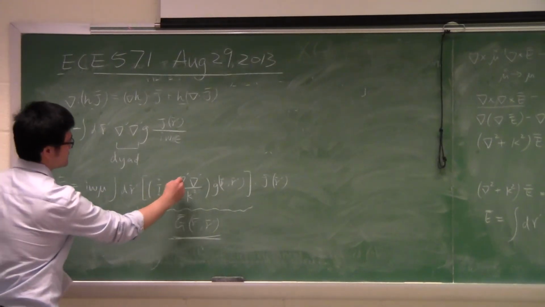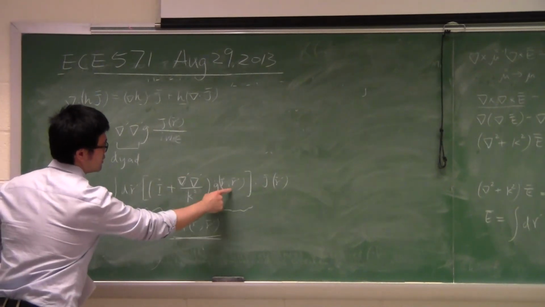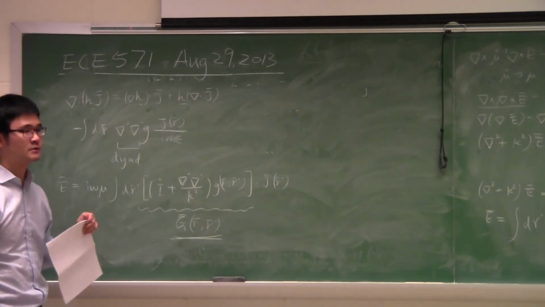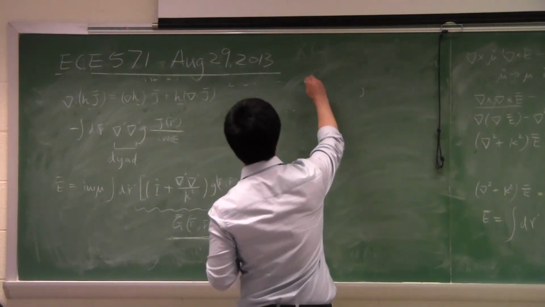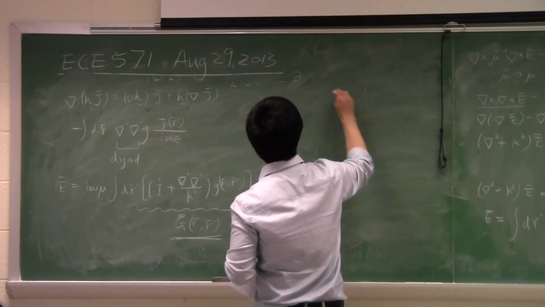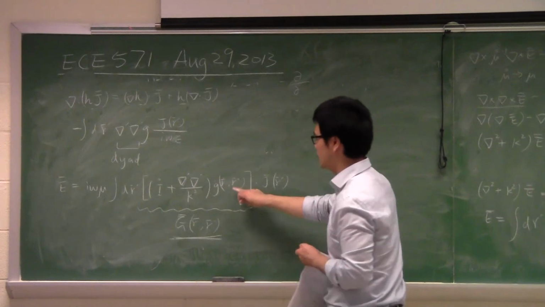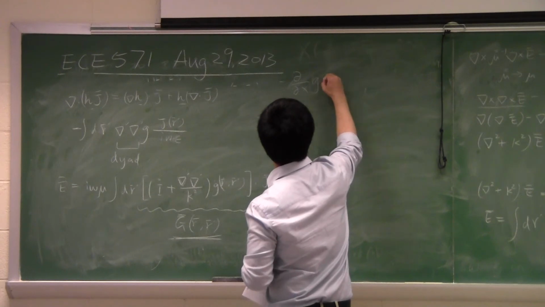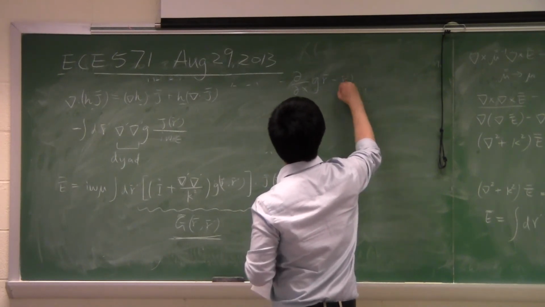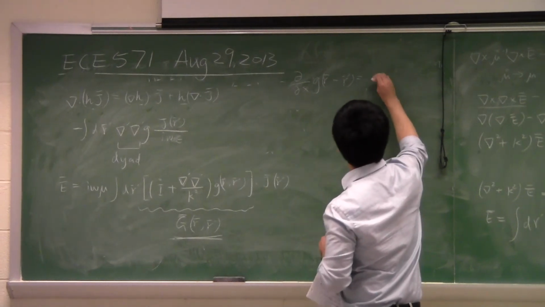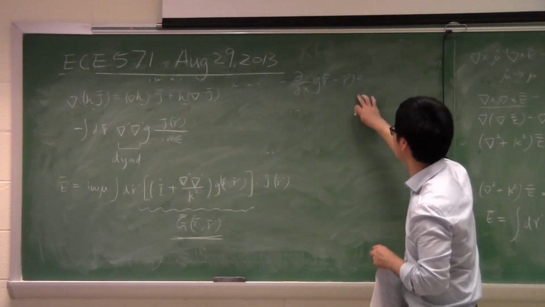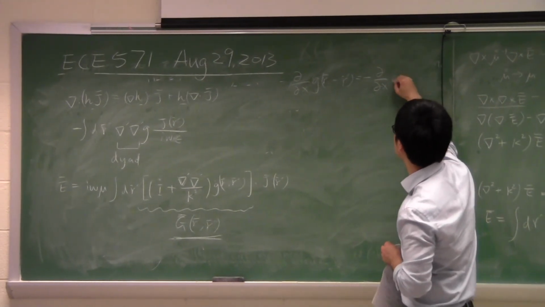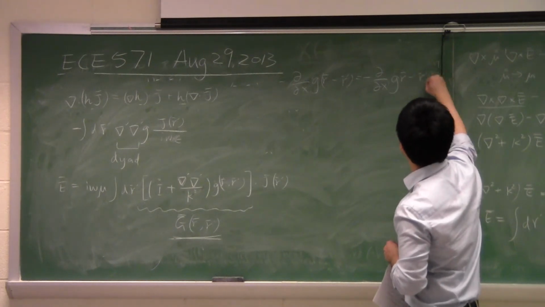One more trick to do is that we can see these are operating on R prime. But I don't want it to operate on R prime, I want this to operate on R. Because the scalar Green's function only depends on the relative distance between r and r prime, using the chain rule we can show that if I operate on x prime, it's just taking out a negative sign.